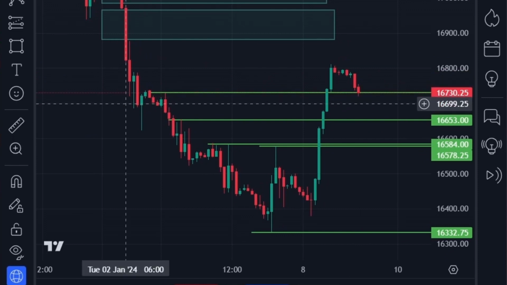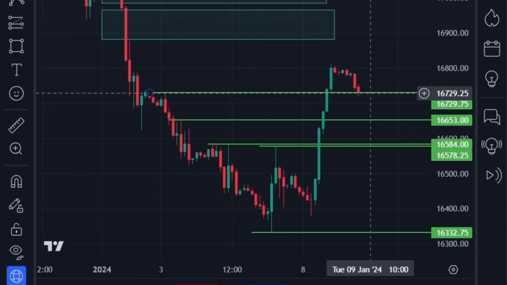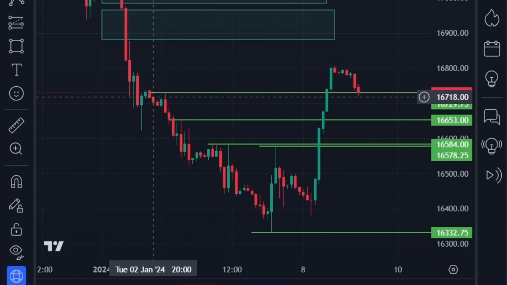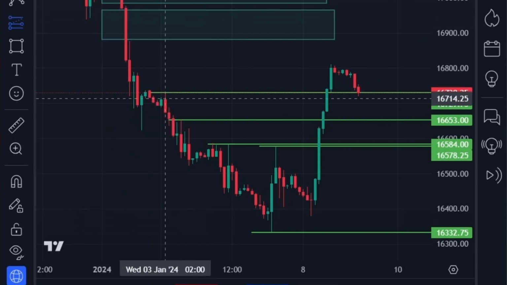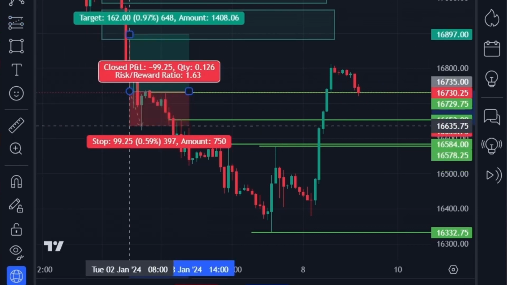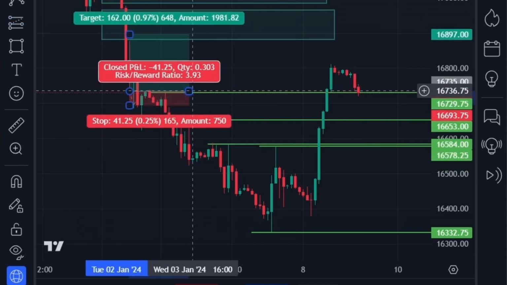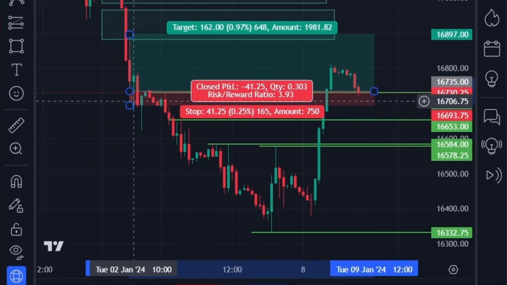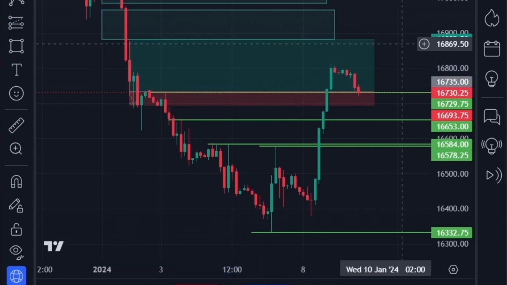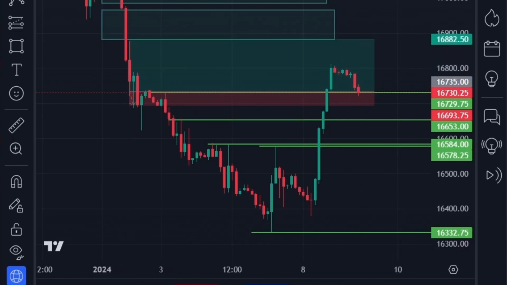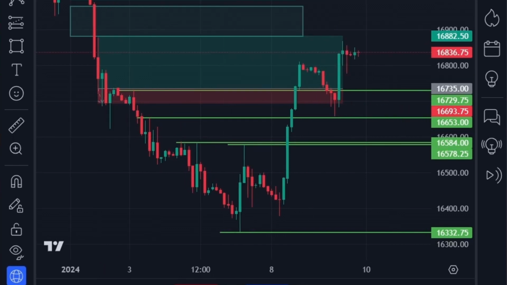In this moment we have a breaker block, which might support price. Our stops could be below here, and I will probably target the liquidity level of the fair value gap. Let's see the chart play out.